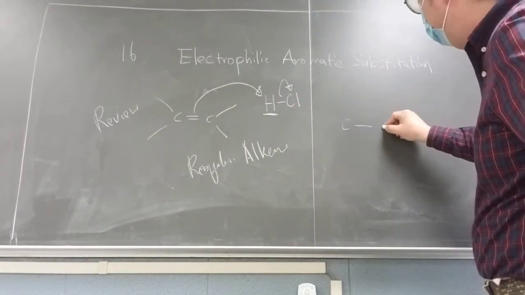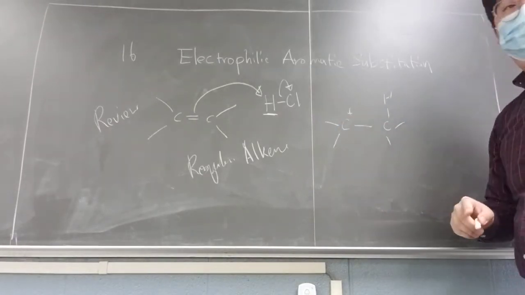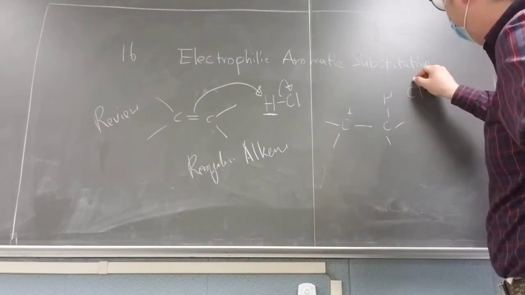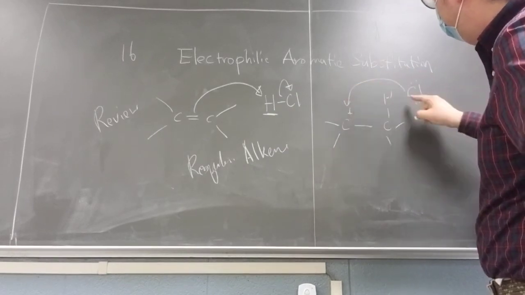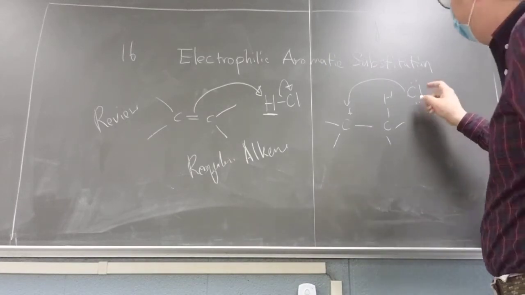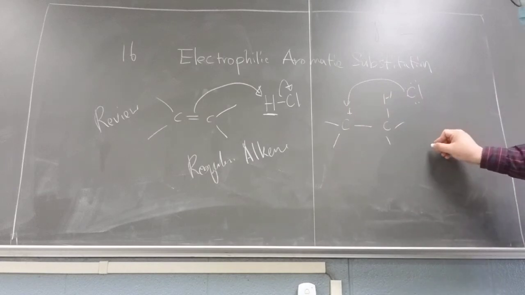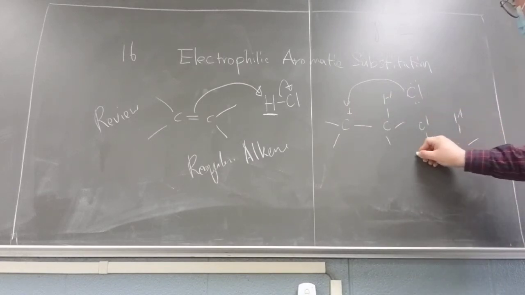So it will become a carbocation over here, because this is the attack, and then this will attack something that is positive. It behaves like a nucleophile again, and they put it on here. So you're gonna have this.